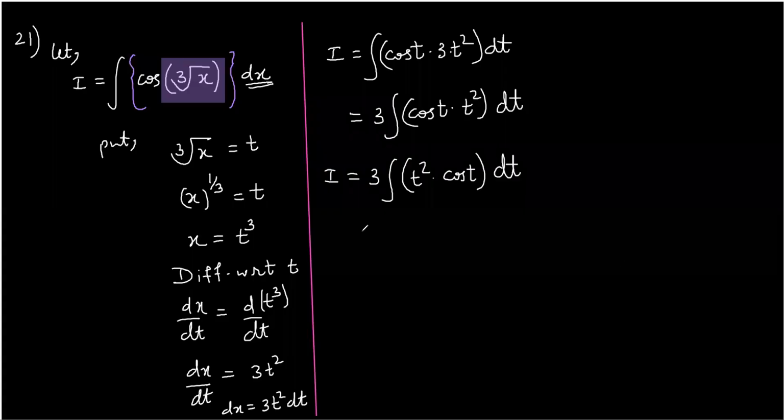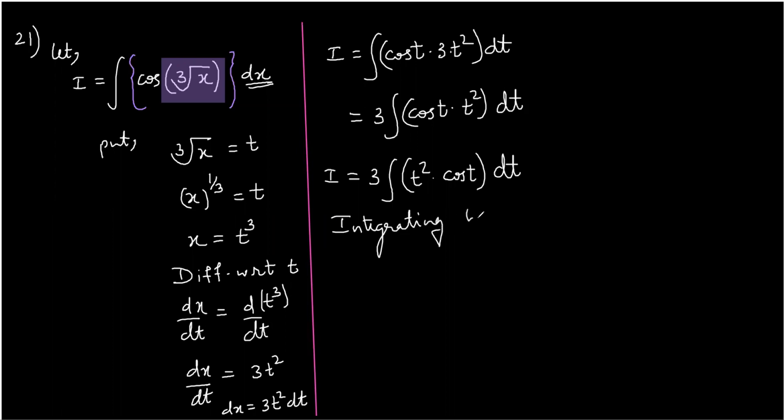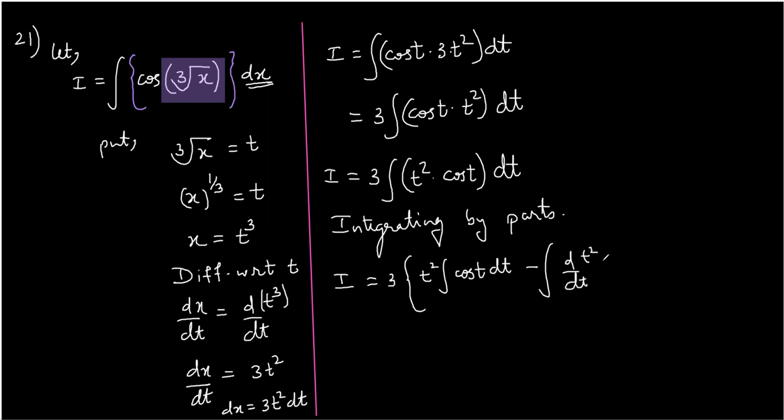So here I write integrating by parts. I get I equals 3 times t square integral cos t dt minus big integral d by dt of t square integral cos t dt, and then again dt.